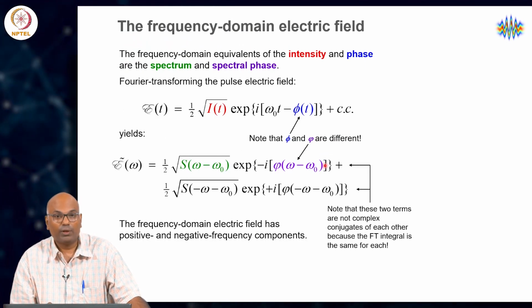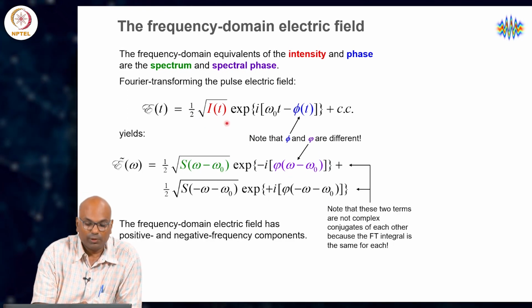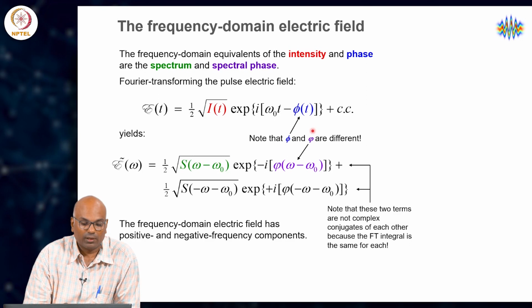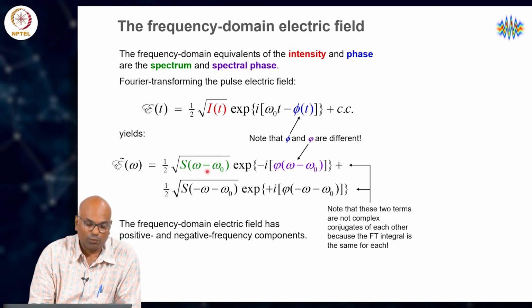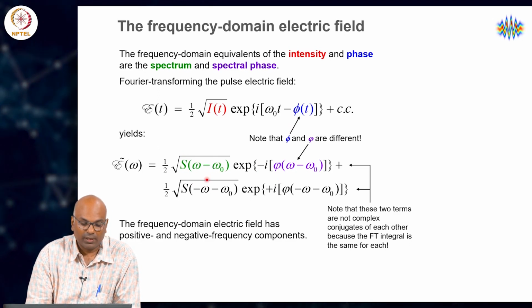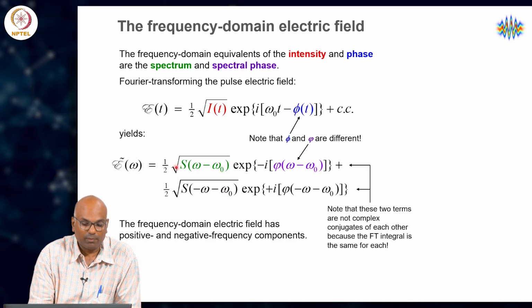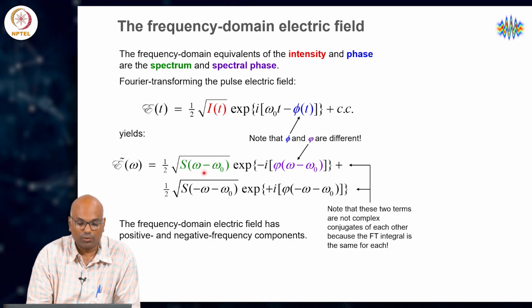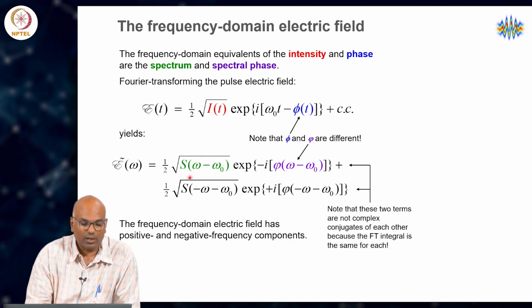Now, we Fourier transform this, and in the frequency domain we have two pieces owing to the way in which we describe the real electric field in the time domain. This gives us two pieces, one on the positive frequency side and the other on the negative frequency side, both of which contain a spectral amplitude which corresponds to the amplitude that we saw in the time domain.